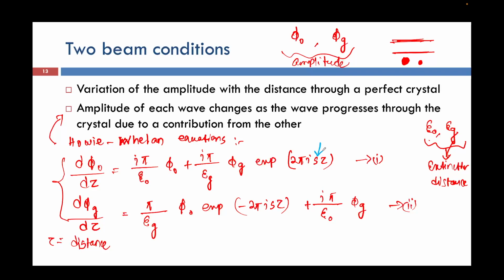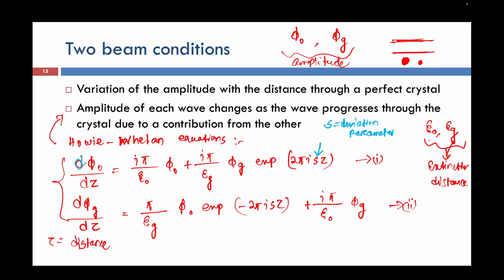In the last class we have described those things, the deviation parameter. This is s, you can write it here. s is the deviation parameter. Okay, and eventually we can say that this Howie-Whelan equation gives us the variation of amplitude, but our aim is to get the intensity, because eventually our detector will detect the intensity of the diffracted electron.